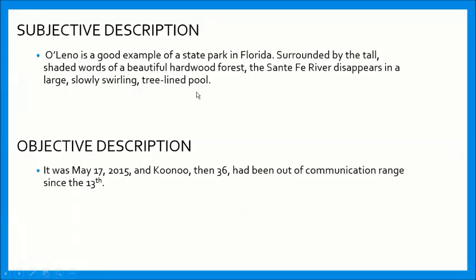And then the other one is here. We have the date and the actual data of what happened. So it was May 17, 2015, and Kuno, then 36, had been out of communication range since 13. So that's the description of what happened.